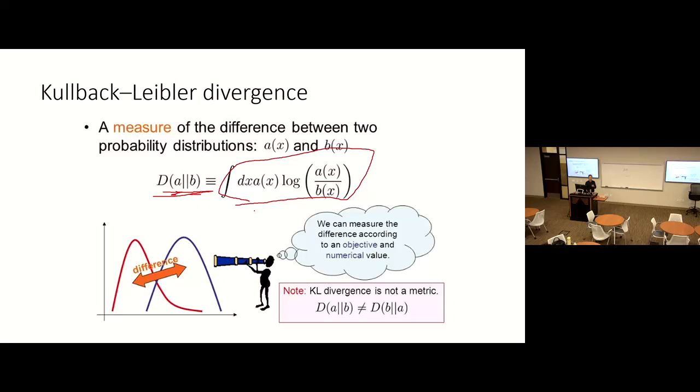So KL divergence will help you look at these two distributions, represented by those samples from A and B, and see how different they are.